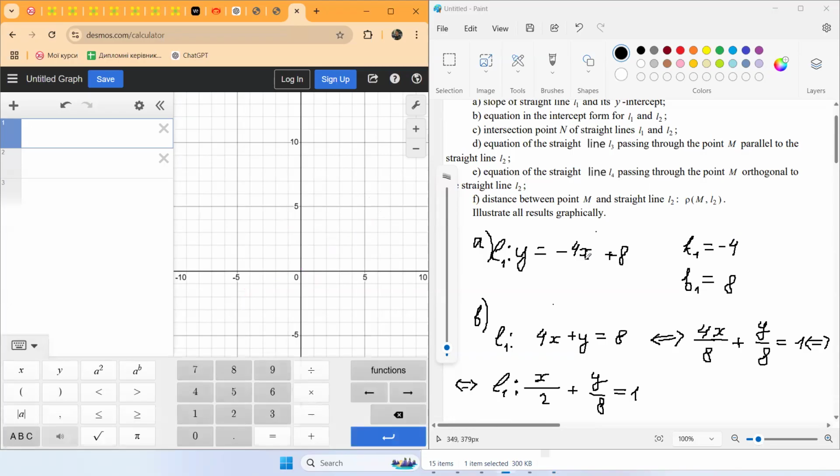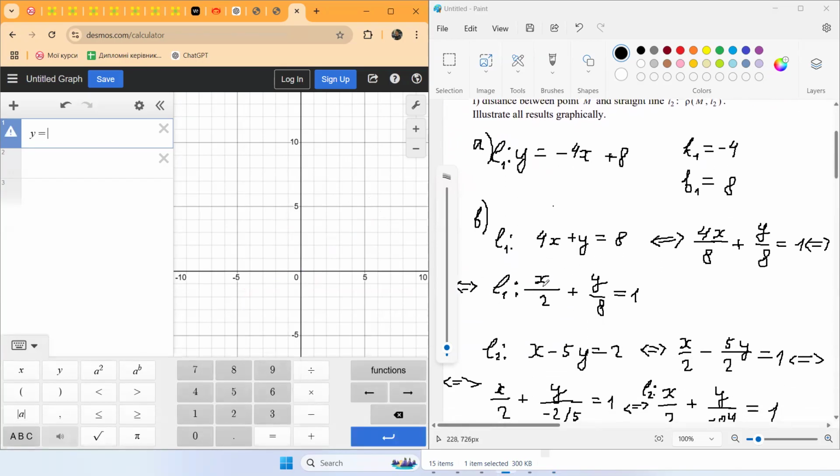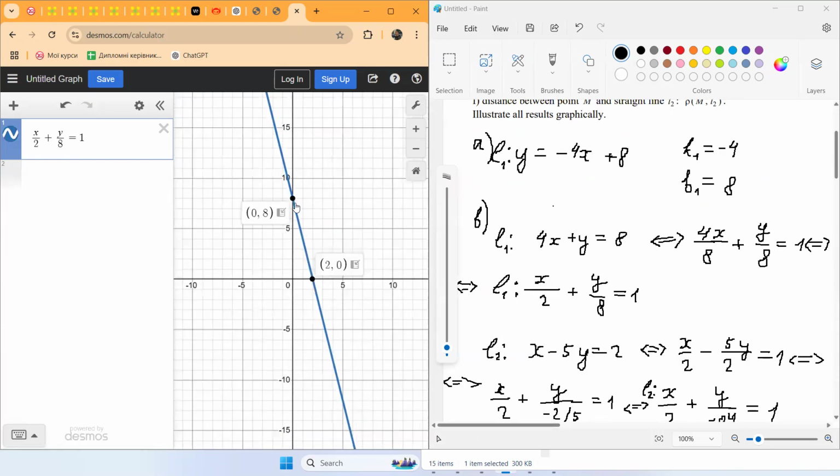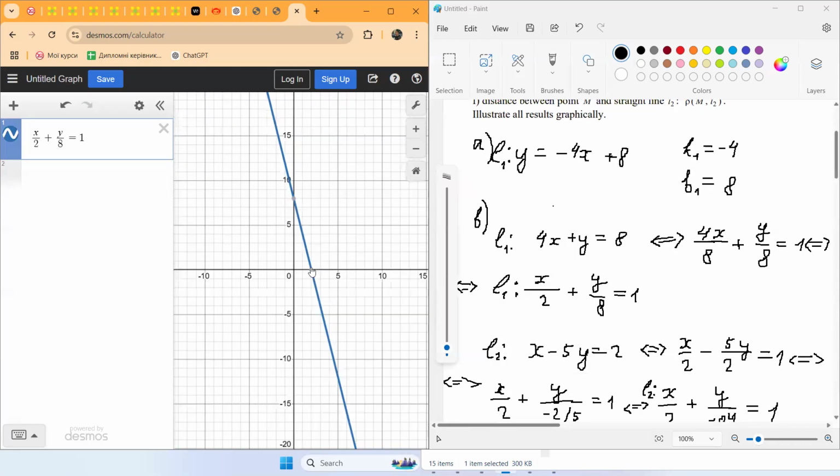So L1, by the way, let's use intercept form just to demonstrate. So x/2 + y/8 = 1. So this is L1. So we can see x-intercept, y-intercept.